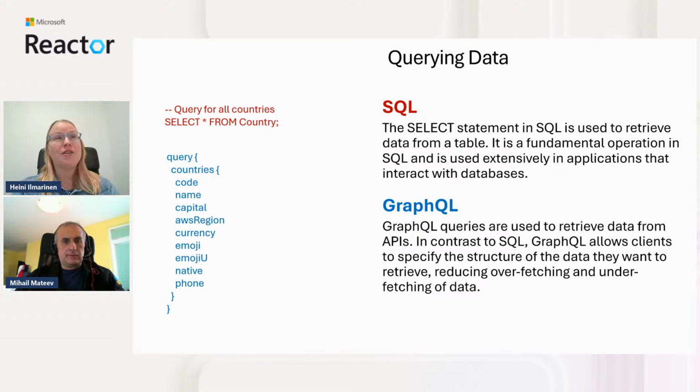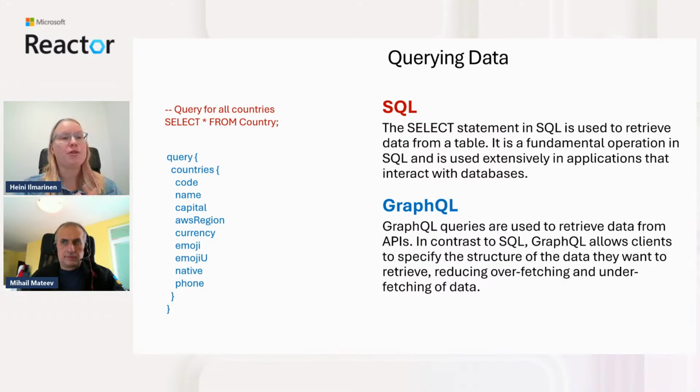Very similarly, on the GraphQL side, we have queries that are used to retrieve the data from our API. The syntax is different, and we are using JSON to specify our query. So we have this query structure, and then within that we have our table name, and then we have our columns that we are retrieving.